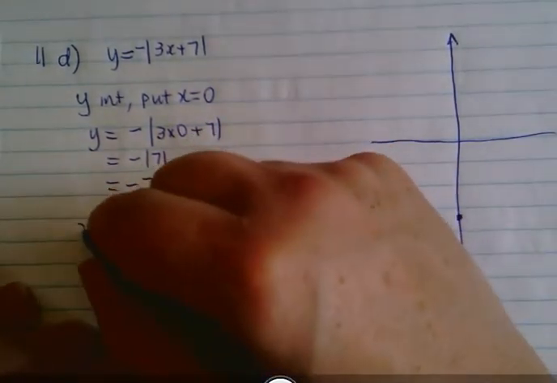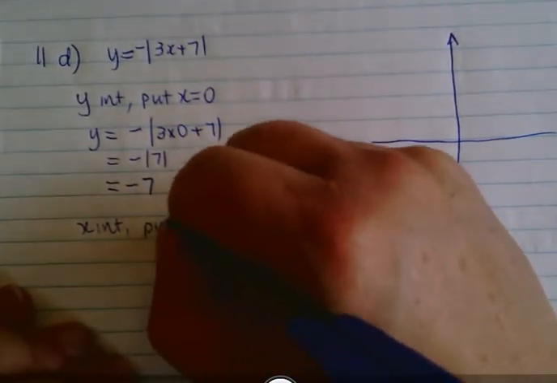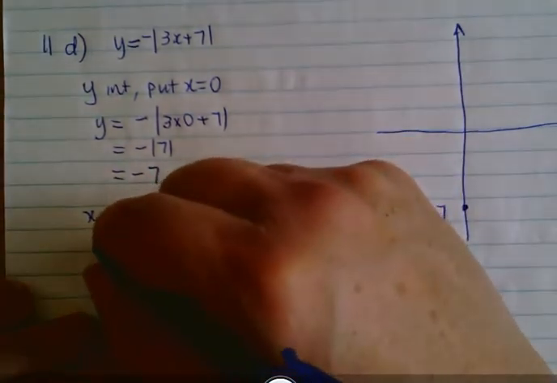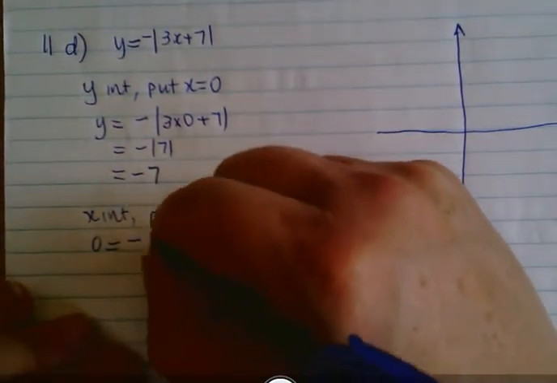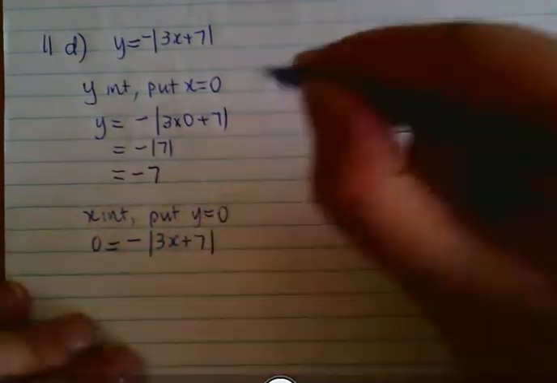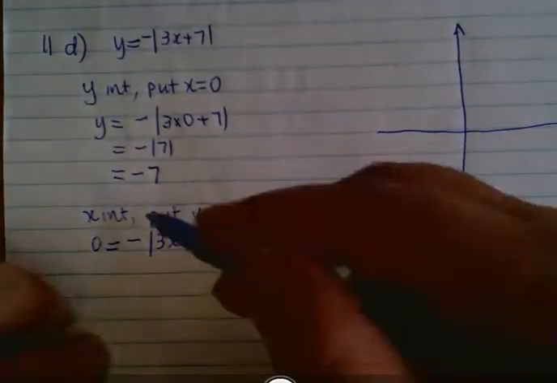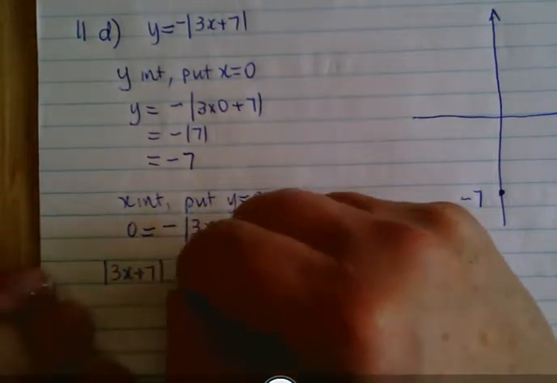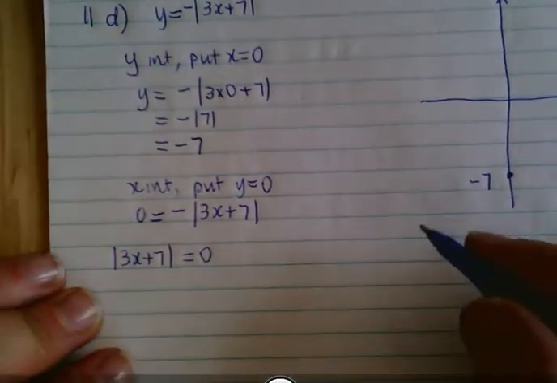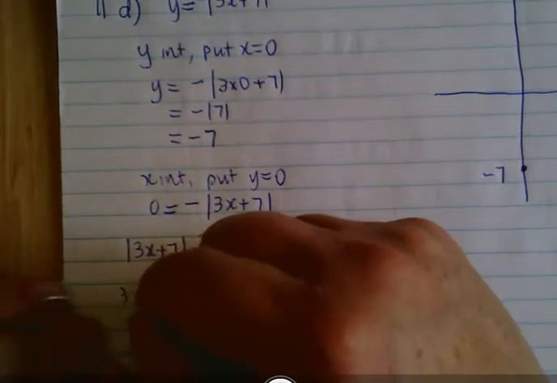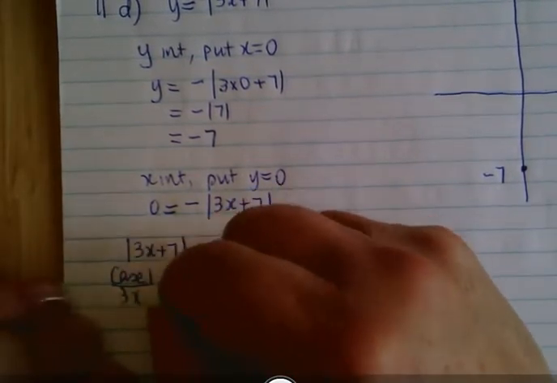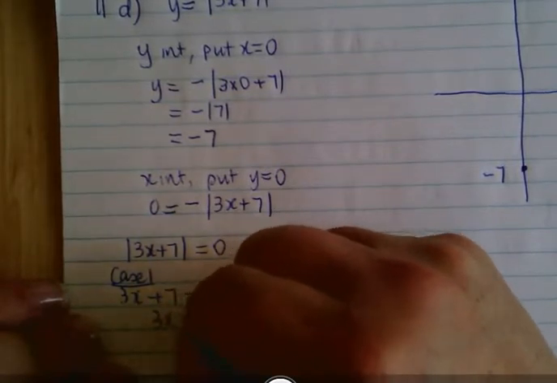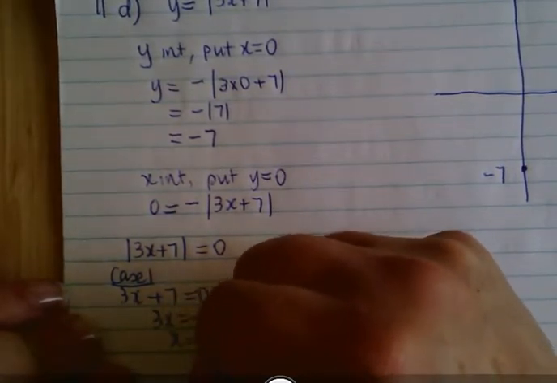And now for the x-intercept, we put y equals 0. And we go 0 equals negative absolute value of 3x plus 7. What I'd like to do is just take the whole equation to the other side. So I get that the absolute value of 3x plus 7 equals 0. So remembering, we've got the first case where this is positive, so 3x plus 7 is 0, 3x is negative 7, x is negative 7 on 3.